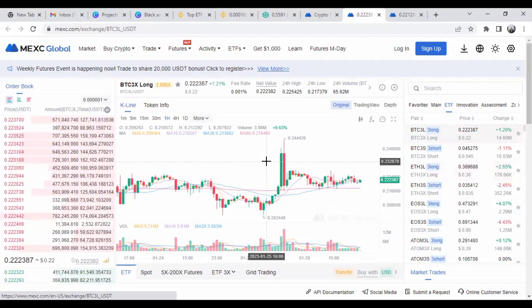But it's easier for you to quickly control your losses here and prevent liquidation, unlike when you're trading futures. Although futures gives room for higher profits as well. So you have to be very careful in selecting which one works for you and which one you know you're going to be very good at.